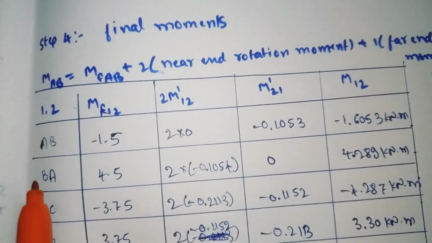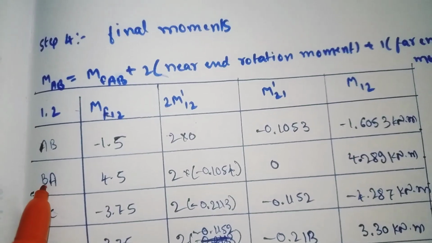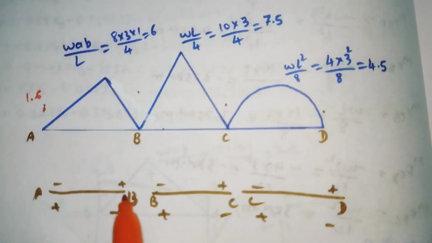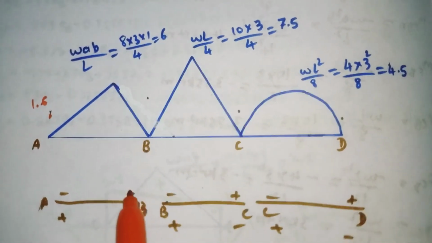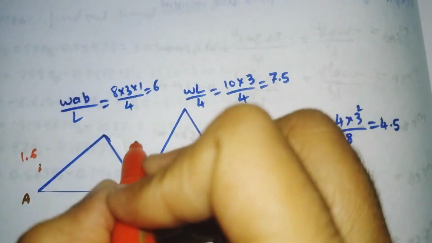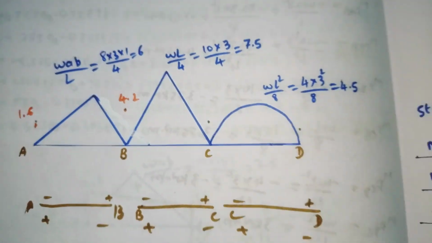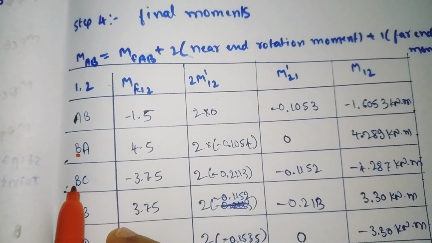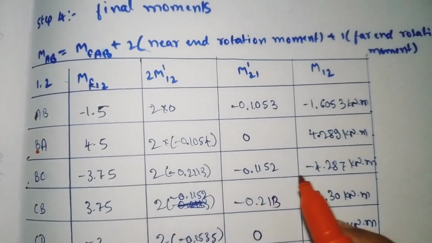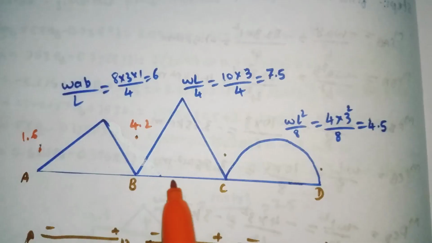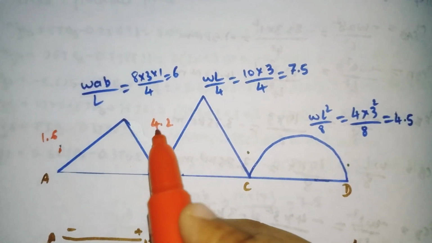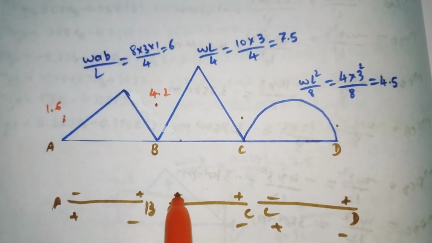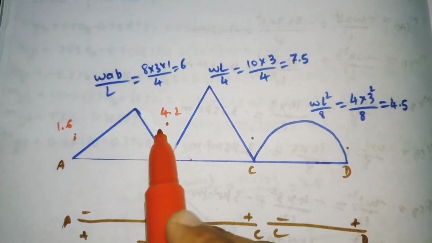The point is B, so at point B it comes 4.2. See here, at point B the positive value comes above the neutral axis. So the 4.2 value comes here. Similarly for BC, the first point is B. At point B the value is minus 4.2, which means it also comes here. Both will coincide with each other at point B. The negative value is above the neutral axis, so it is coming here also.